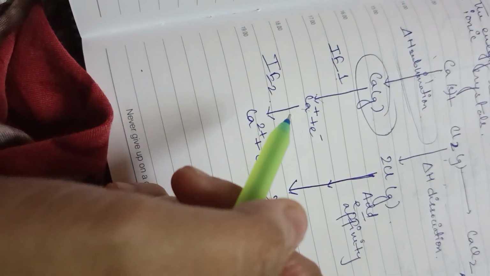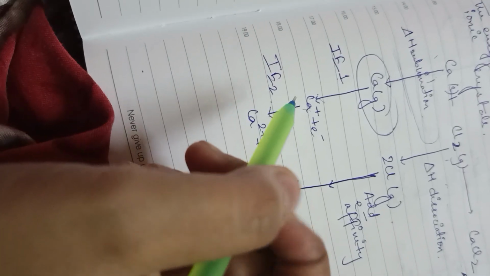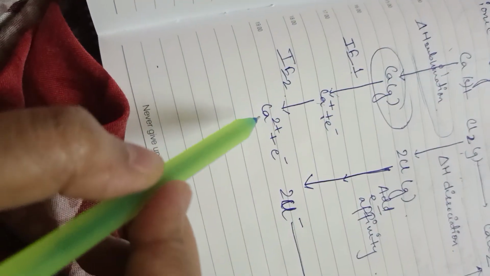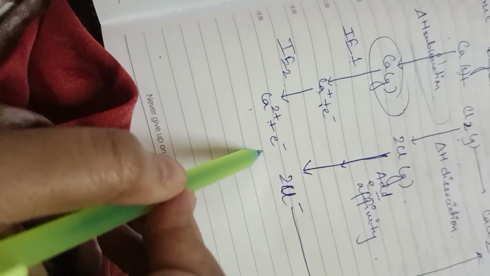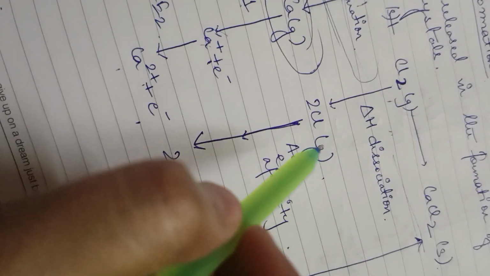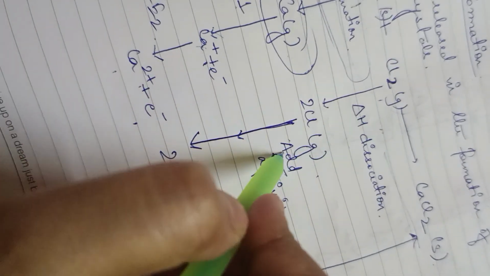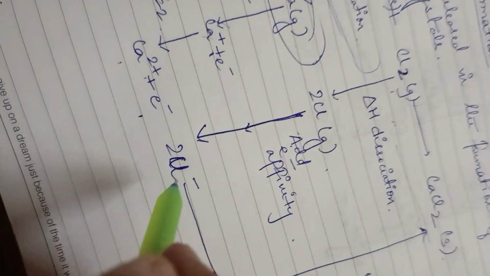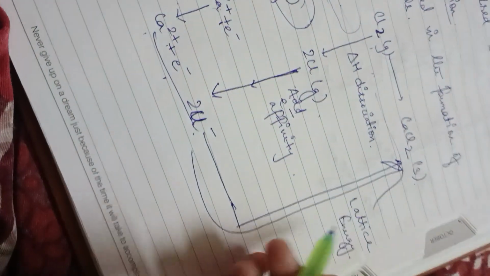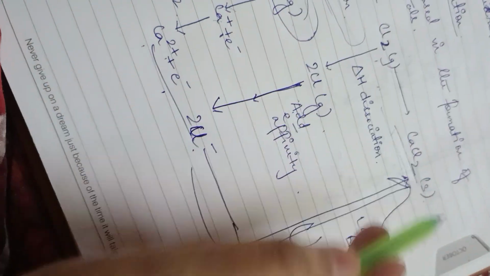Now over here, ionization energy or ionization potential we are applying, then Ca plus and electron minus, ionization enthalpy 2, Ca2 plus and electron. From here, if you do delta H dissociation, then you get 2Cl gaseous. Now add electron affinity to get 2Cl minus. So these two react, and you get lattice energy U over here to get CaCl2 solid.